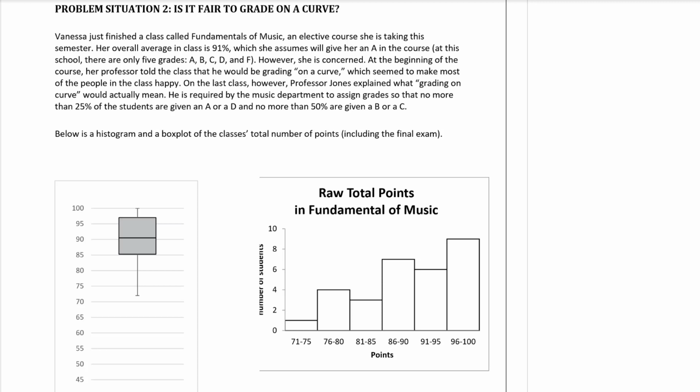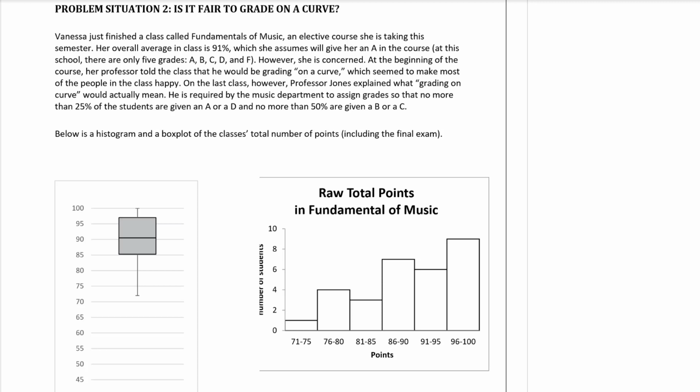That's what is done most of the time. But real mathematical curving, like on standardized examinations, is to bring everybody to the same kind of level, and that's what's done at large universities, for example. So let's read about real curving, not just adding points, but real curving.